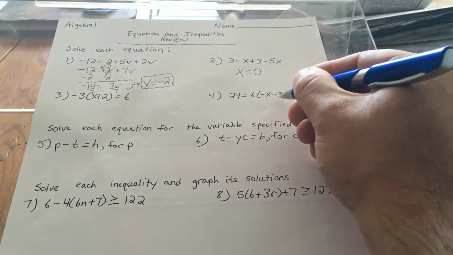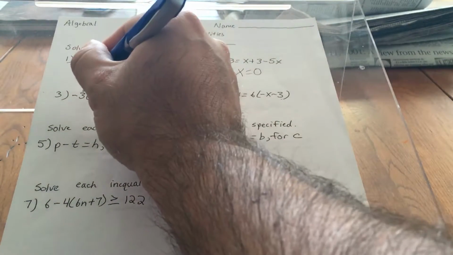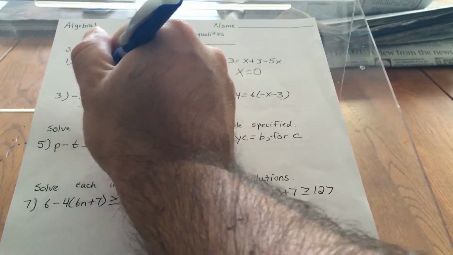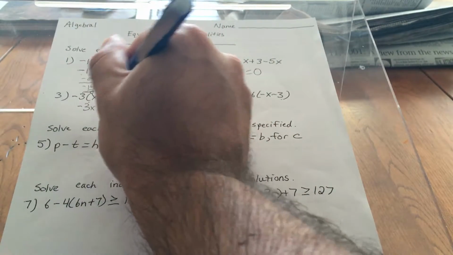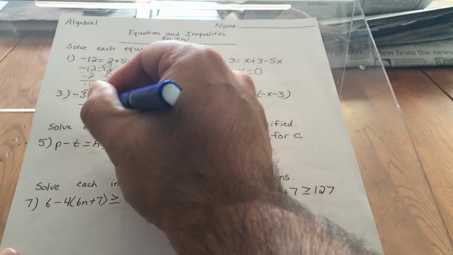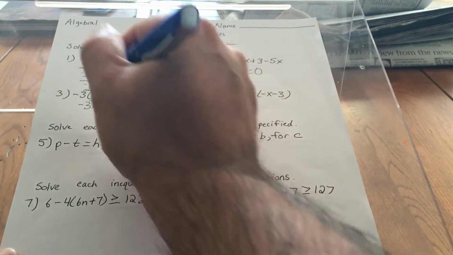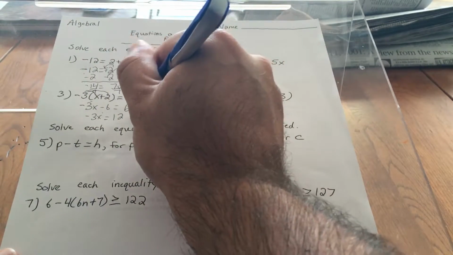For this one, for 3 and 4, notice our goal here is to get rid of parentheses first. Negative 3 times x is negative 3x. Negative 3 times 2 is negative 6. And then from there, we solve the equation like before. We're going to add 6 to both sides. So that's going to give us negative 3x is equal to 12.